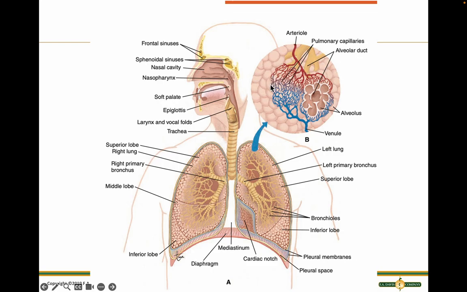They're like grape-like clusters, they always say, of tissue, and this is where the actual oxygen that you breathe is exchanged with your blood, and the CO2 coming out. So this is zooming in all the way to the ends of these bronchioles, the smallest branches, and you see these grape-like sacs.